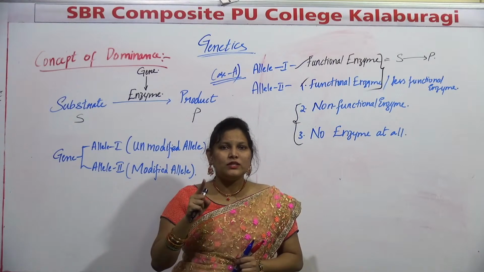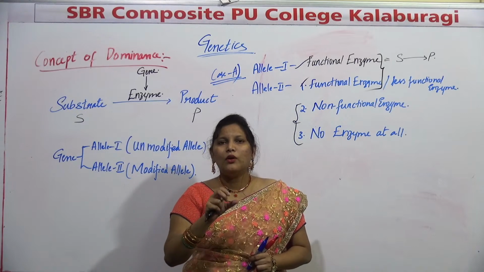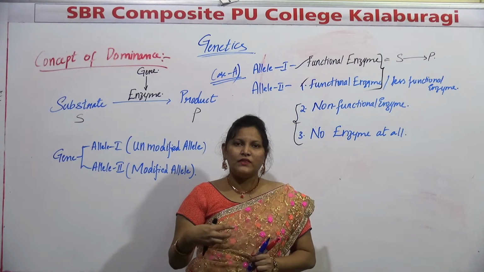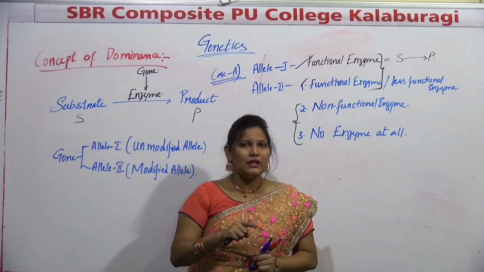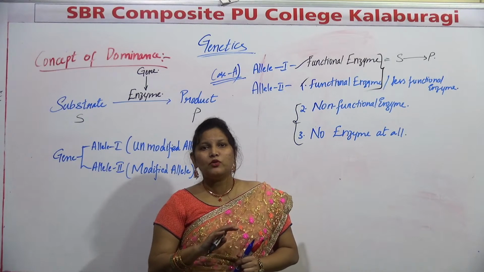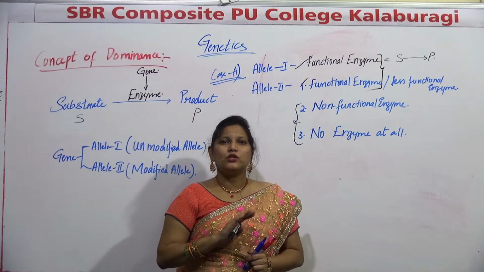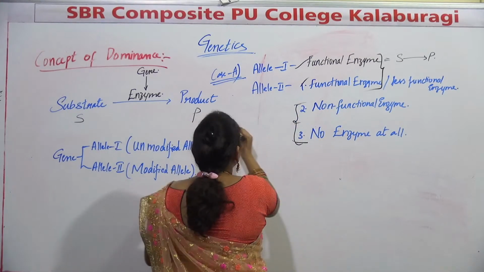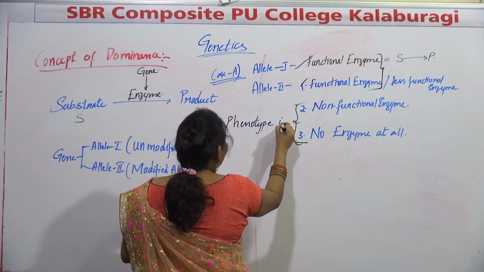The unmodified allele produces the functional enzyme which converts the substrate into product. For the modified allele, there are three possible phenotypes. It may produce a functional or less functional enzyme. Or it may not produce any enzyme, or produce an enzyme that is not functional. In these two cases, the phenotype will be affected.